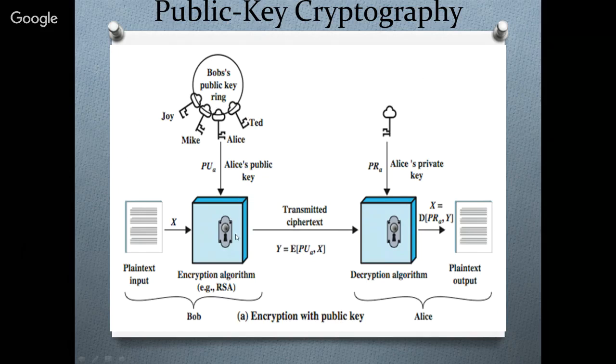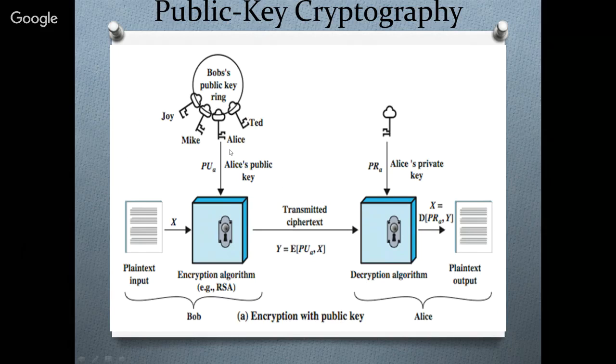As I'm going to send information to Alice, I'm going to take Alice's public key. These are the public keys of different users, that is Joe, Mike, Alice, and Ted, and all the public keys are stored in a common shared area. To whomever I want to send information, I can take that public key, encrypt with it, and then transmit to the destination.